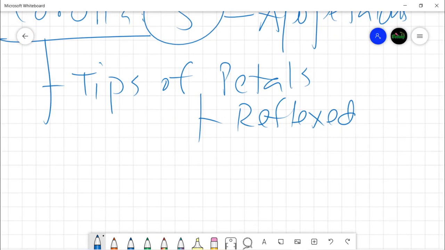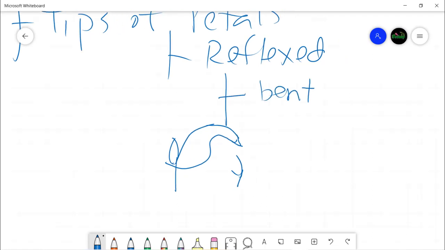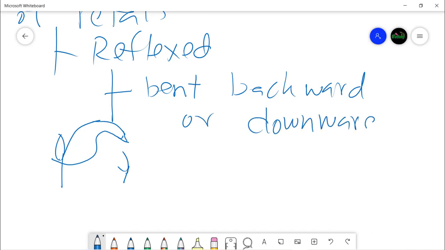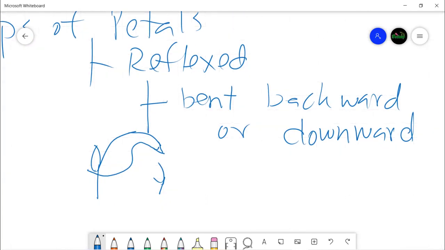So what is reflexed? For example, this is a flower and we have petals. The tip of the petal is bent backward like this. So it is bent backward or downward. So the tips of the petals are reflexed, that is, they are bent backward or downward.